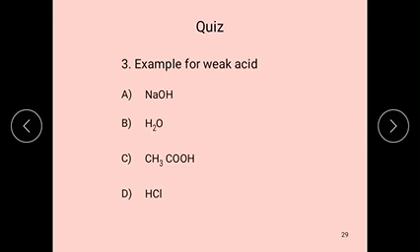It is also not a suitable answer. And D is HCl. It is a strong acid and it gives H plus ions completely. So it is a strong acid but not a weak acid. But here the right answer is acetic acid. This can be ionized partially and it gives the H plus ions. So the right answer is acetic acid.